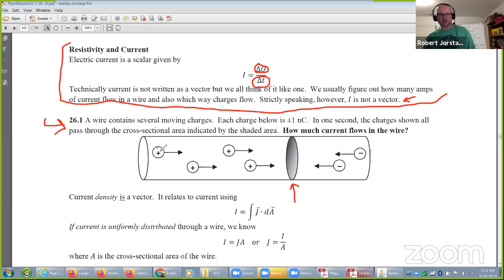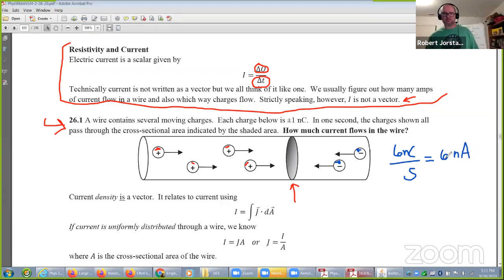We have all these plus charges flowing past it to the right, and then we have the negative charges flowing past it to the left. So the idea is you have 6 nanocoulombs of charge per second. So we say this is 6 nanoamps.